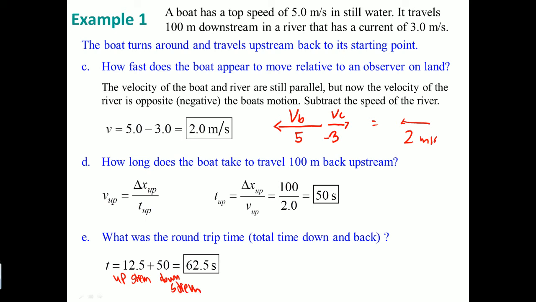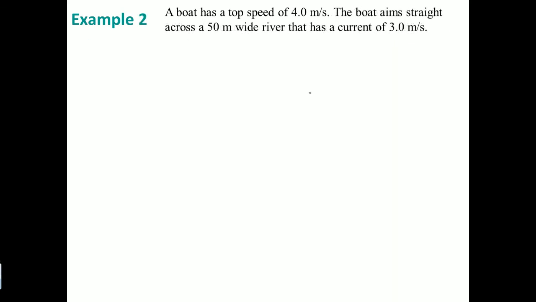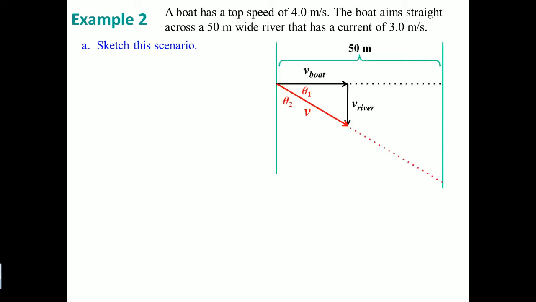But again, this is when it's parallel. What happens now if it's like this? The boat is going this way, but the current, the velocity of the river, pushes the boat. This is how the scenario is.